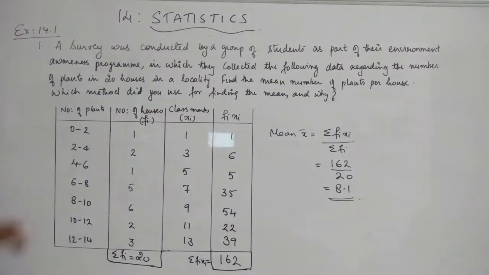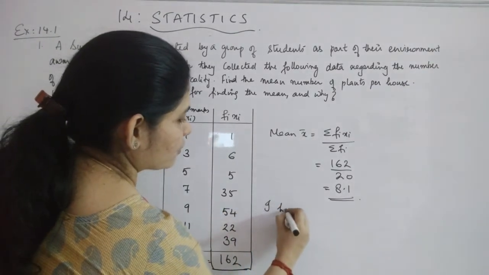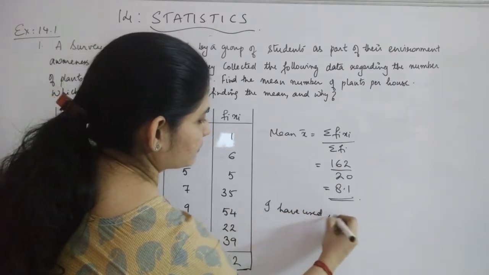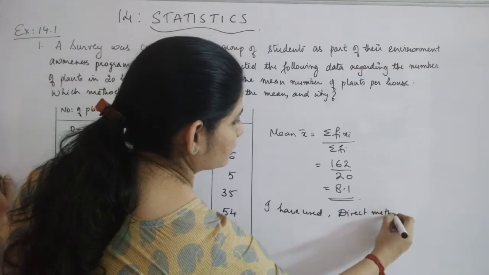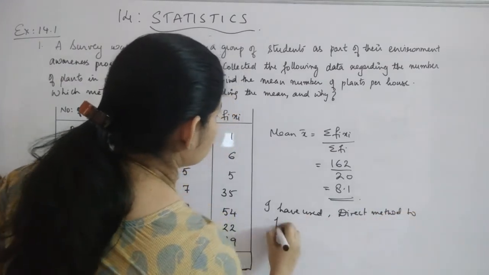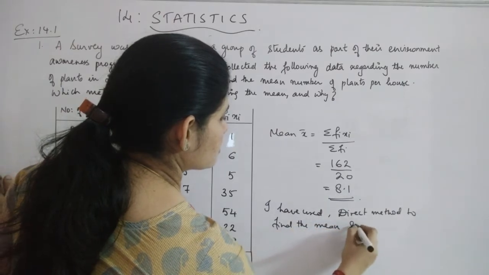Now one more question was there: which method did you use? So you can say that I have used the direct method to find the mean. Now why?